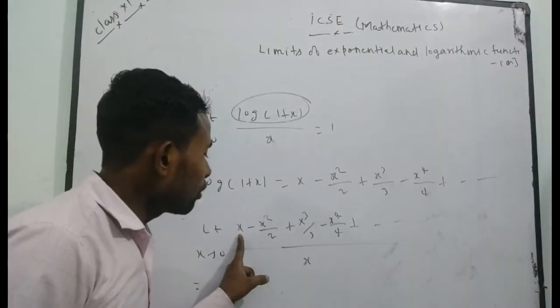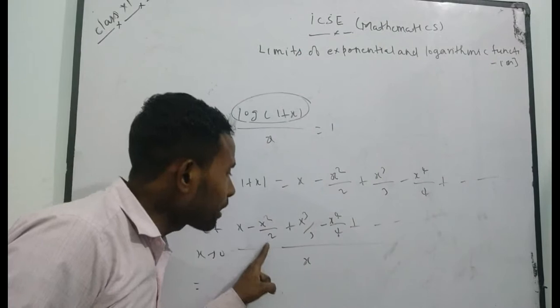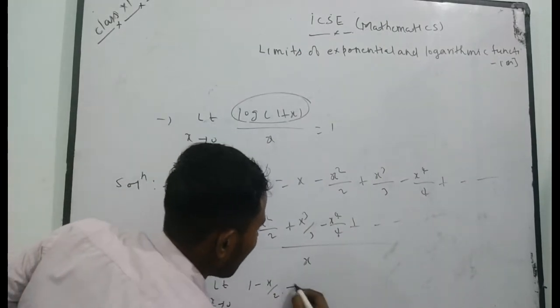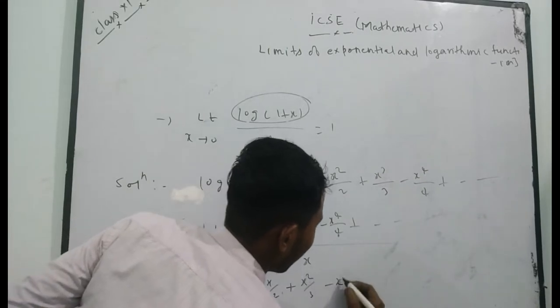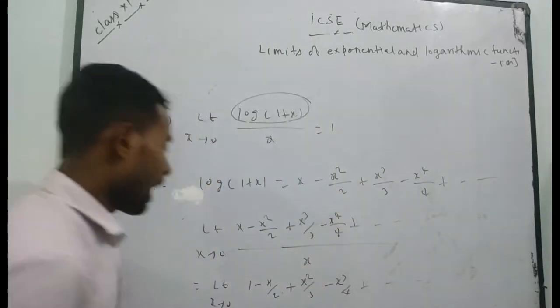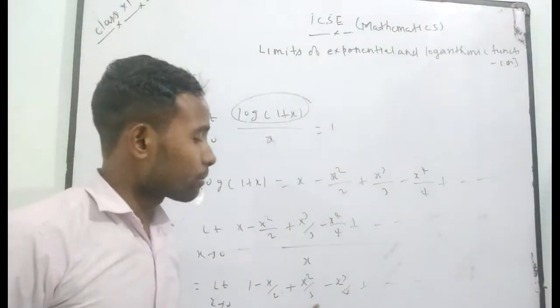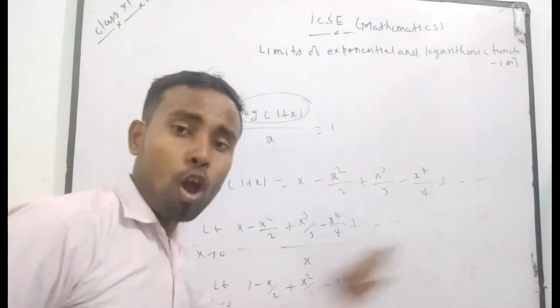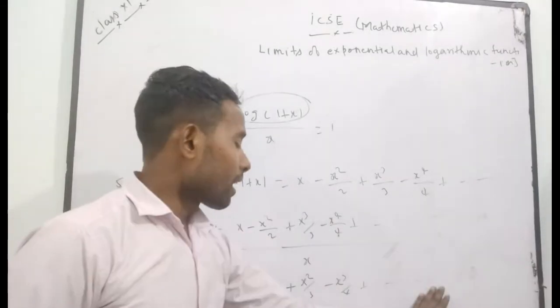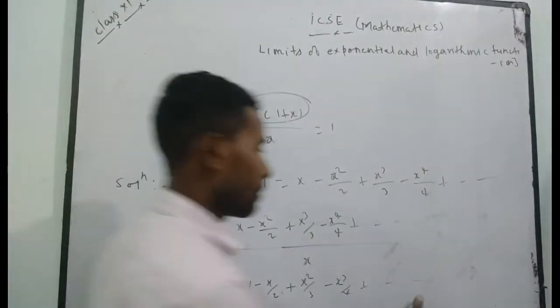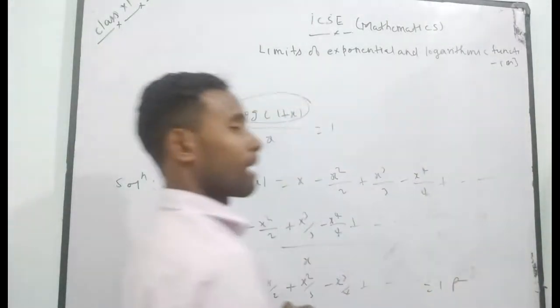In that case, you get 1 minus x by 2 plus x square by 3 minus x cube by 4 plus and so on. Now you simply put x equal to 0. All the terms on the right side of this expansion become 0, and finally you get a constant. So its value will be 1.